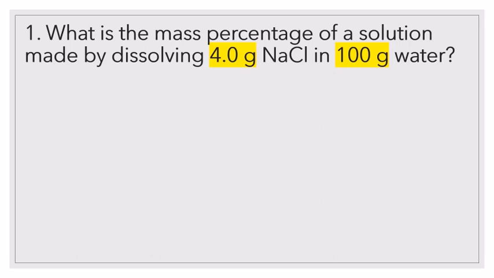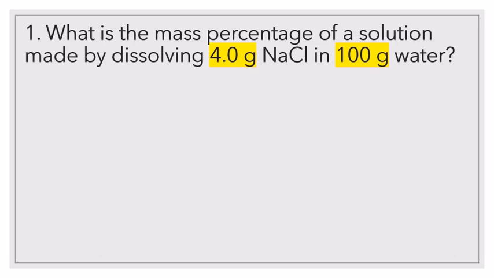Okay, first problem. What is the mass percentage of a solution made by dissolving 4 grams of sodium chloride in 100 grams of water? First, we should determine the given. There we have the 4 grams sodium chloride and 100 grams water.